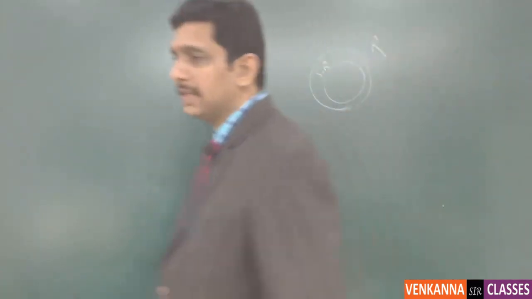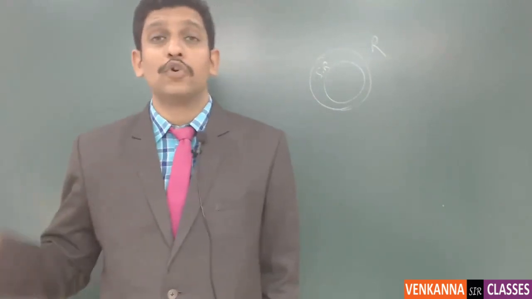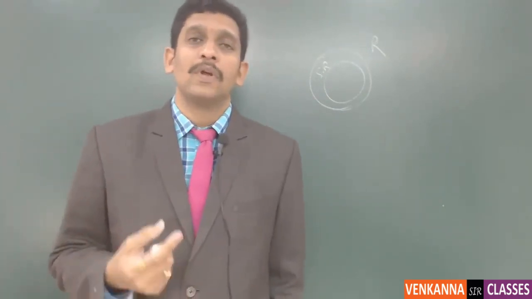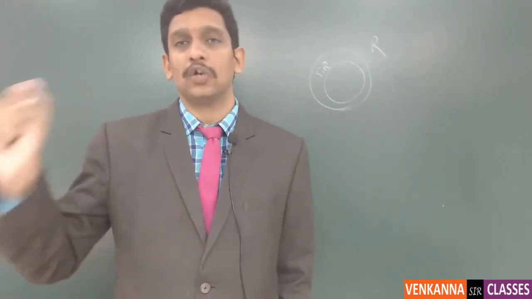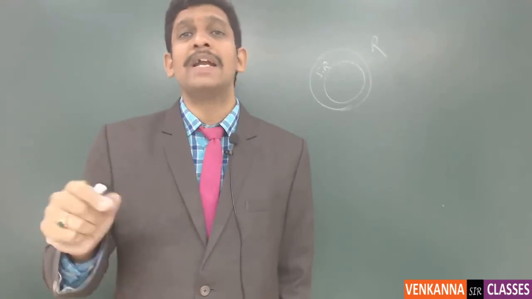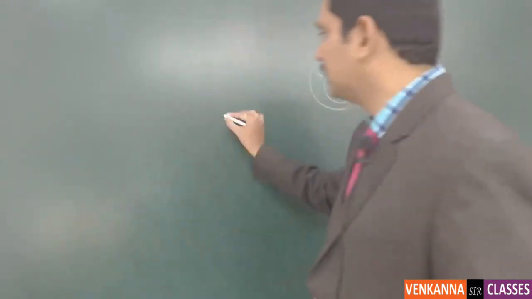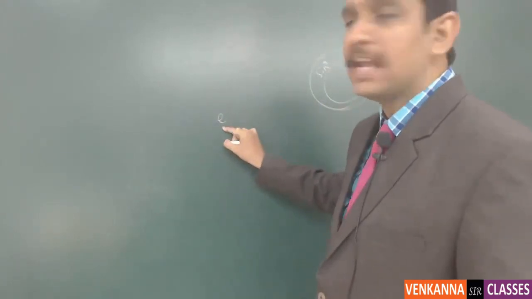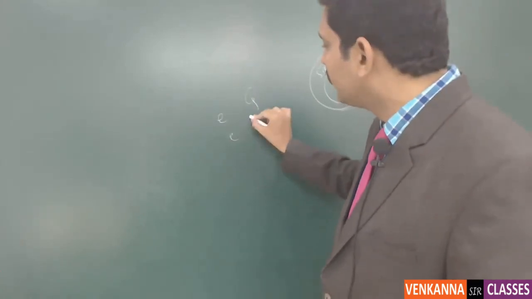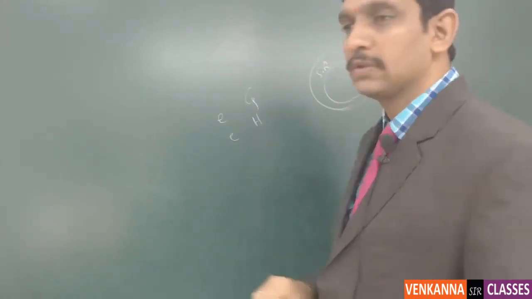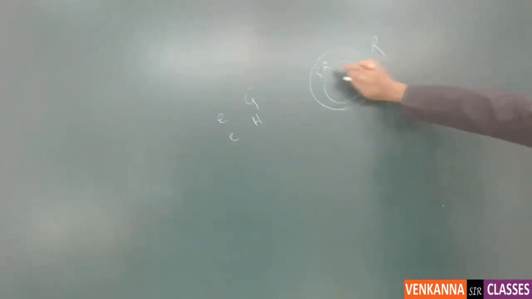Whenever thinking of group theory, while you talk of group and subgroup, whatever the identity element in the group, the same identity element will be taken in the subgroup. Let me say, if E is the identity element in the group G, the same identity element will be present in the subgroup H also.